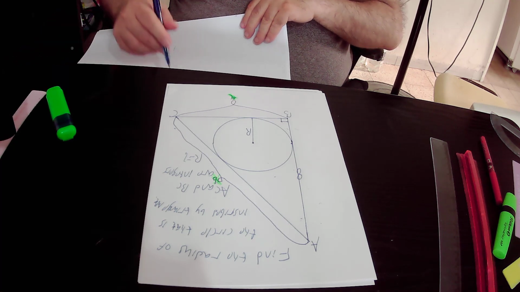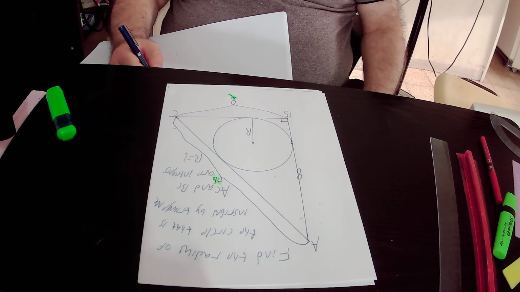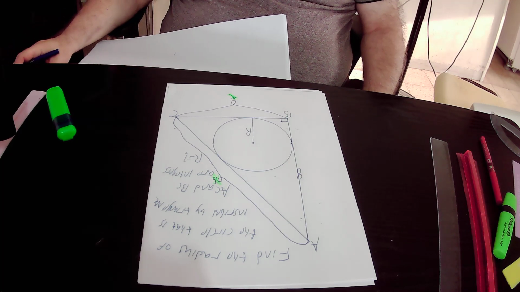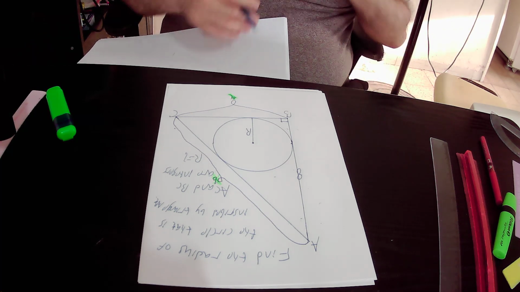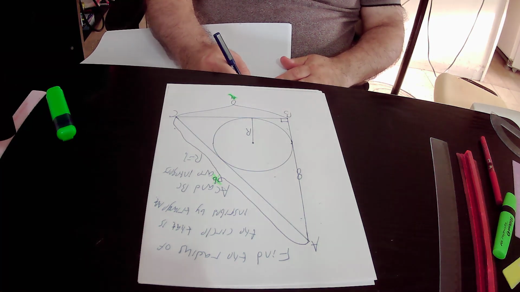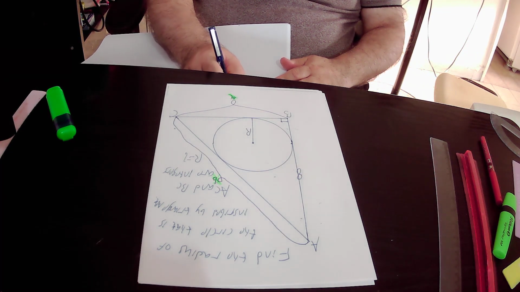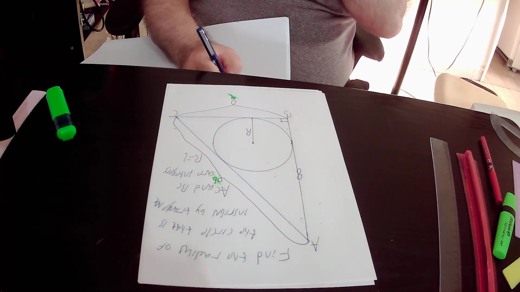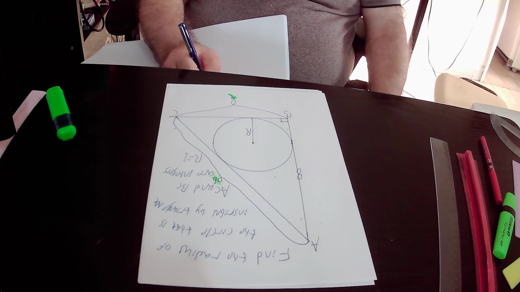According to the Pythagoras theorem, the square of the hypotenuse equals the sum of the squares of the perpendiculars. That is to say, the hypotenuse is AC and the square of the hypotenuse is AC squared. It is equal to the sum of the squares of the perpendiculars, that is to say, AB squared plus BC squared.